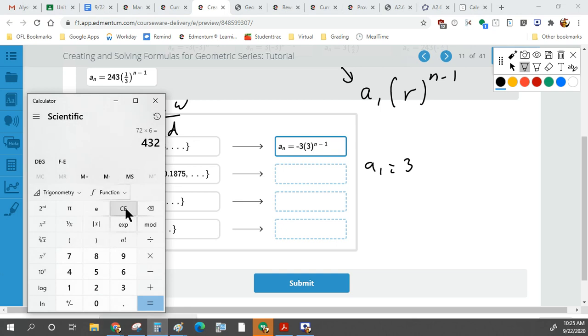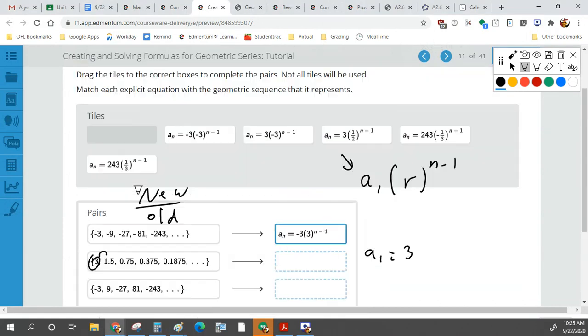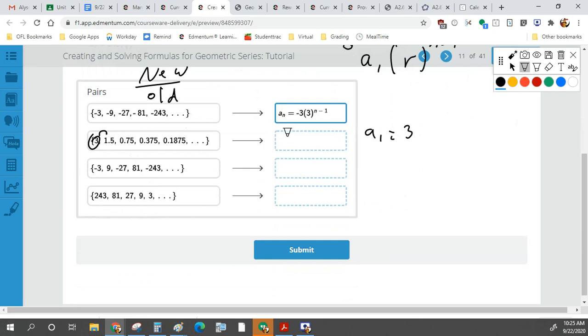All right, so let me see this. So I get 1.5 divided by 3. 0.5. Well, none of these are 0.5. But another way of saying 0.5 is 1/2. The only other one that could have been an option was this one because our a sub 1 is 3, but we're not multiplying by 3.